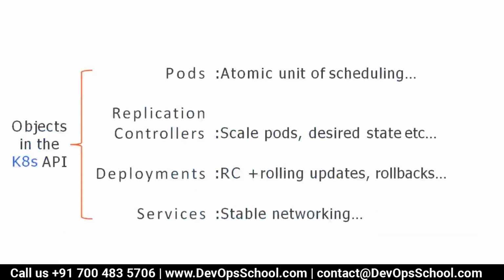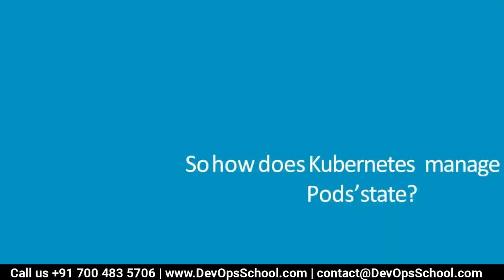Then we understood these are the desires which you are going to put in YAML or JSON objects in the key APIs like pod, replication controller, deployment, and services, plus many more objects; we have more than 50 objects. Again, we'll get into that slowly.